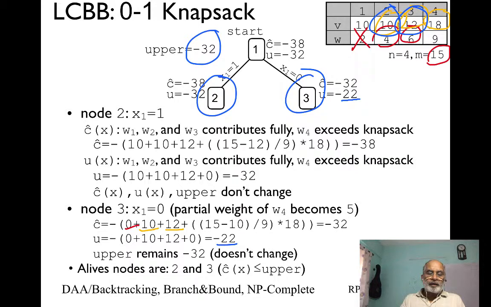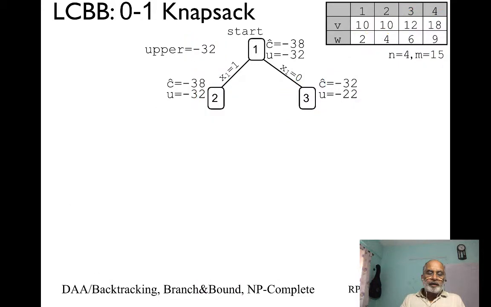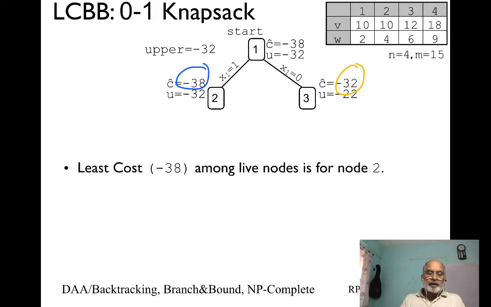I'll explore with the least cost implementation rather than FIFO. If you look at the cost, node 2 has the cost minus 38, node 3 has the cost minus 32. The lower cost corresponds to node 2, so we'll explore node 2 and we keep 3 in the list of live nodes. So now I look at the next variable x2.